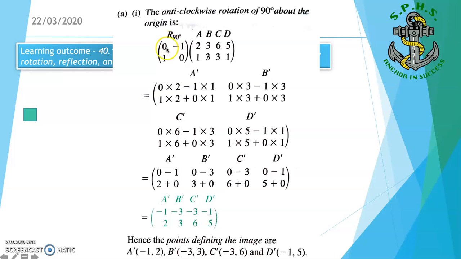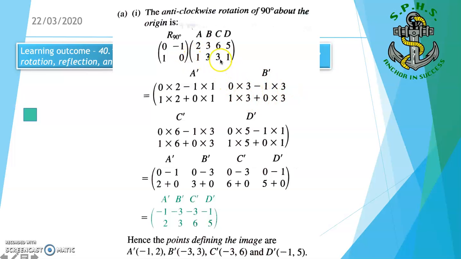So for point A, 0 times 2 minus 1 times 1, 1 times 2 plus 0 times 1. That's for point A. Point B is 0 times 3 minus 1 times 3, and 1 times 3 plus 0 times 3.